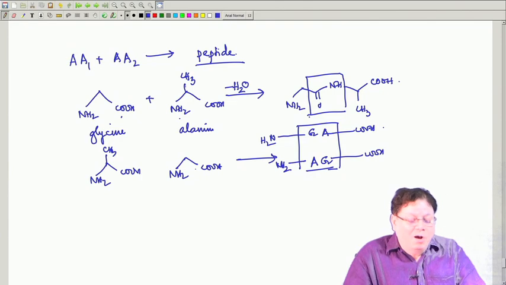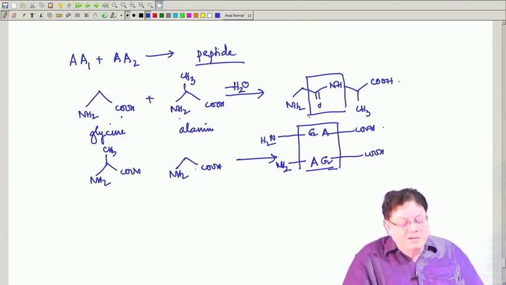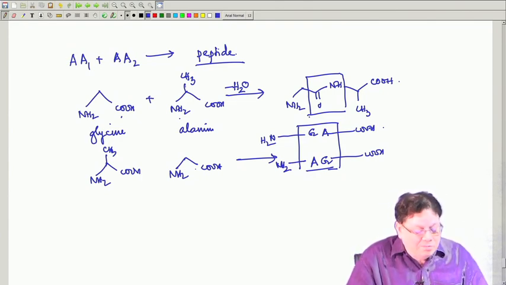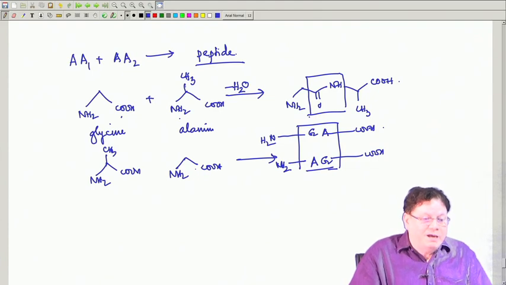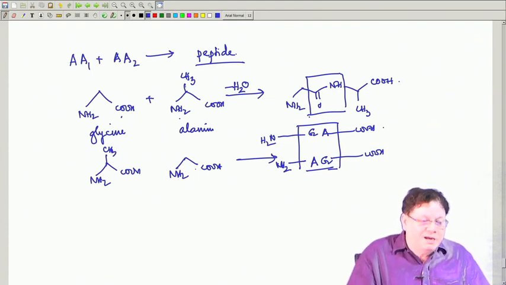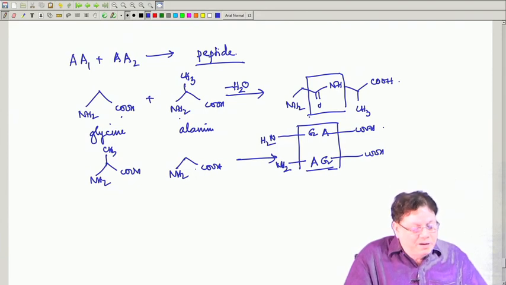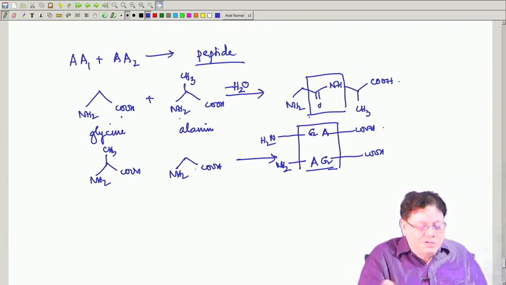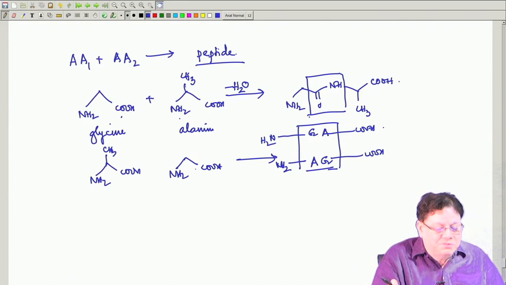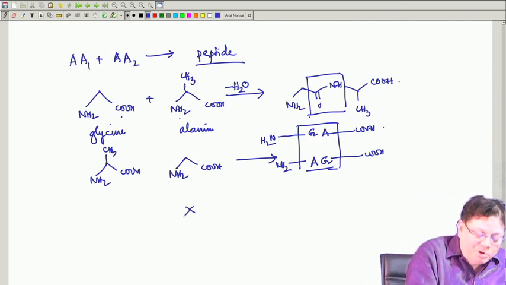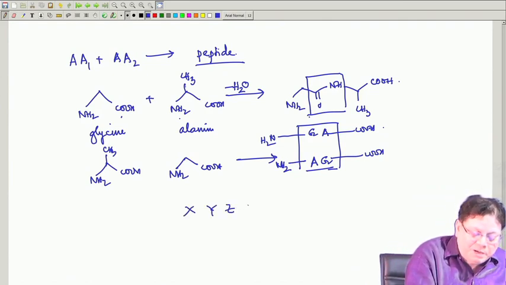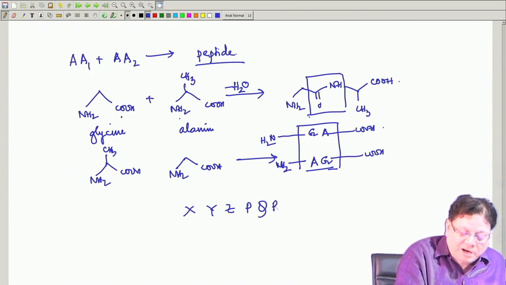Okay. Now, when you write a peptide, the traditional way of writing is that on the left side the amino acid amine is free, and on the extreme right side, the carboxy is free. That means, if I have amino acids, suppose X, Y, Z, P, Q, whatever, just arbitrary.